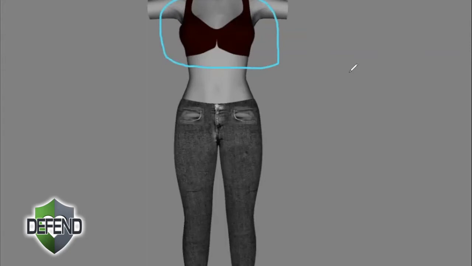You would be able to take just 2 images to input your own bra onto this 3D model, onto this 3D pair of pants. And why is this remarkable? Because you won't need a 3D artist to do this.